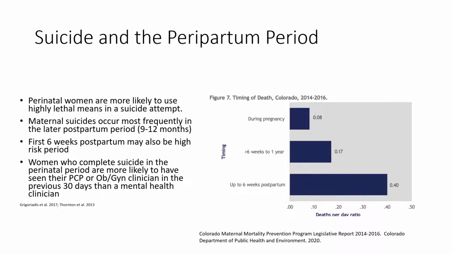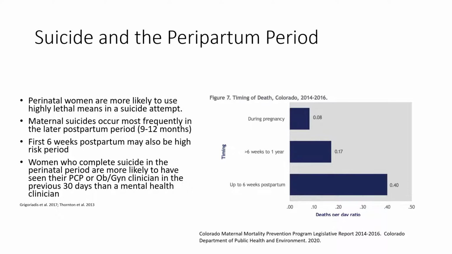But when we look at the concentration of when suicide can occur, the deaths per day ratio, this study and other studies have shown that the first 6 weeks postpartum is a particularly high risk period as well. And so seeing perinatal patients right at the time that they're going into that period is a really critical time.